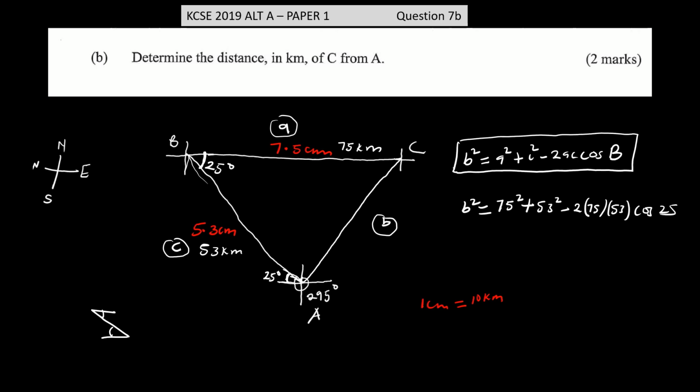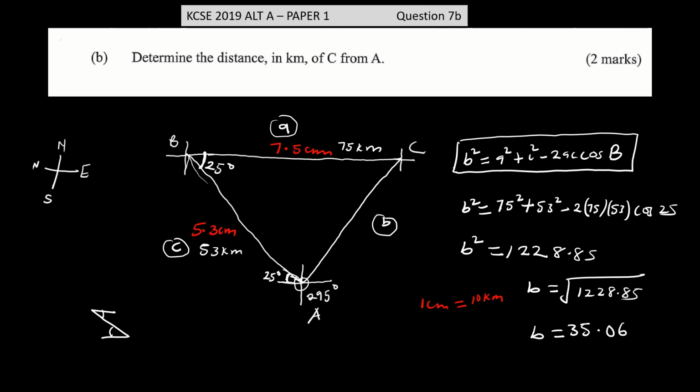And if you solve everything here, we're going to have B square equal to 1228.85, and B equal to the square root of 1228.85. Therefore, B equal to 35.06 kilometer. And we can say that distance from C from A, which is distance AC, equal to 35.06 kilometer.